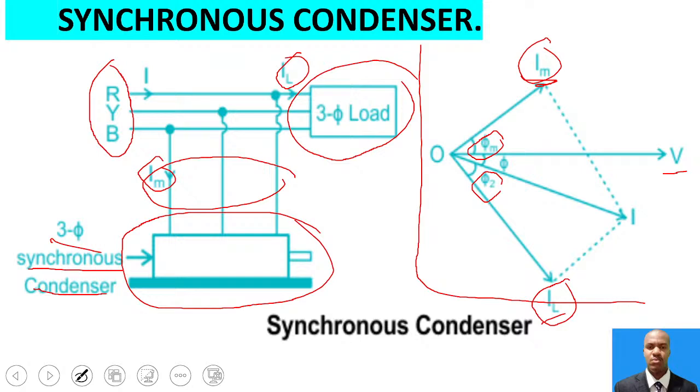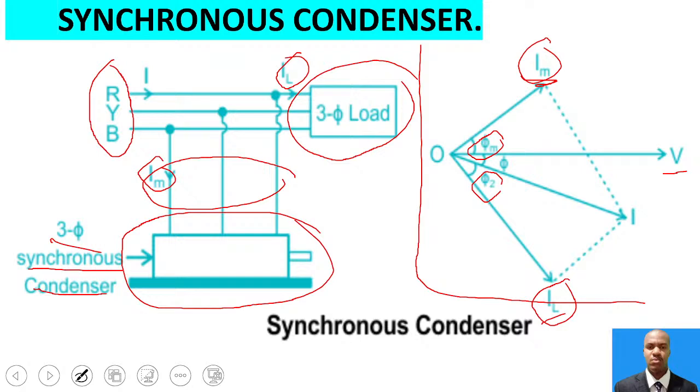Then the other thing is the resultant current I is the phasor sum of Im and IL.